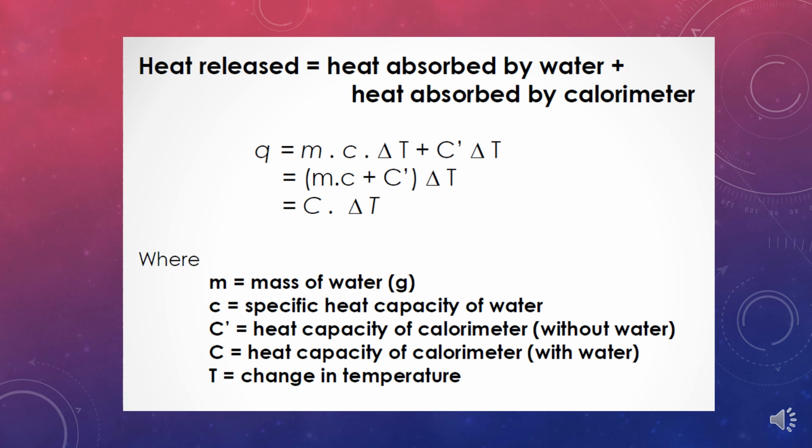The formula is Q equals m times c times delta T plus C prime times delta T. The formula is simplified until we get Q equals C times delta T, where m is the mass of water in grams, lowercase c is the specific heat capacity of water, C prime is the heat capacity of the calorimeter without water, capital C is the heat capacity of the calorimeter with water, and delta T is the change in temperature.